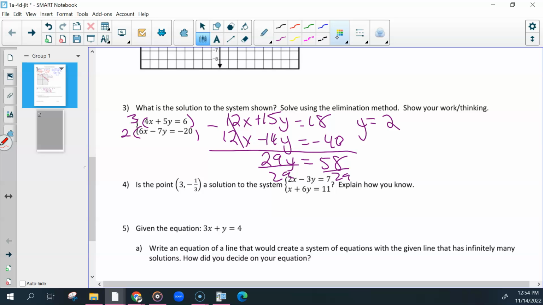Once you find that y, put it back into one of your equations, doesn't matter which one. So let's say I choose the first one. And start solving it for x.